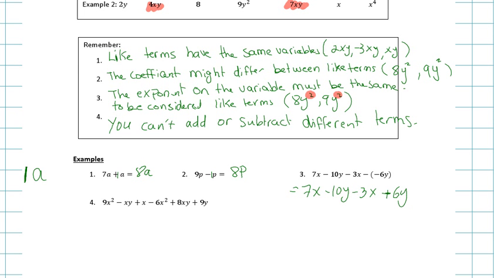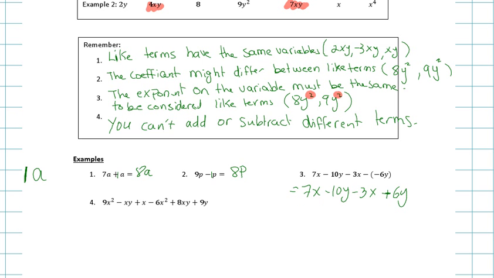Now I'm going to have to collect like terms. Let's start with the 7x because that's my first term. Do I have any like term to that? Negative 3x, that's right. So 7x and negative 3x.